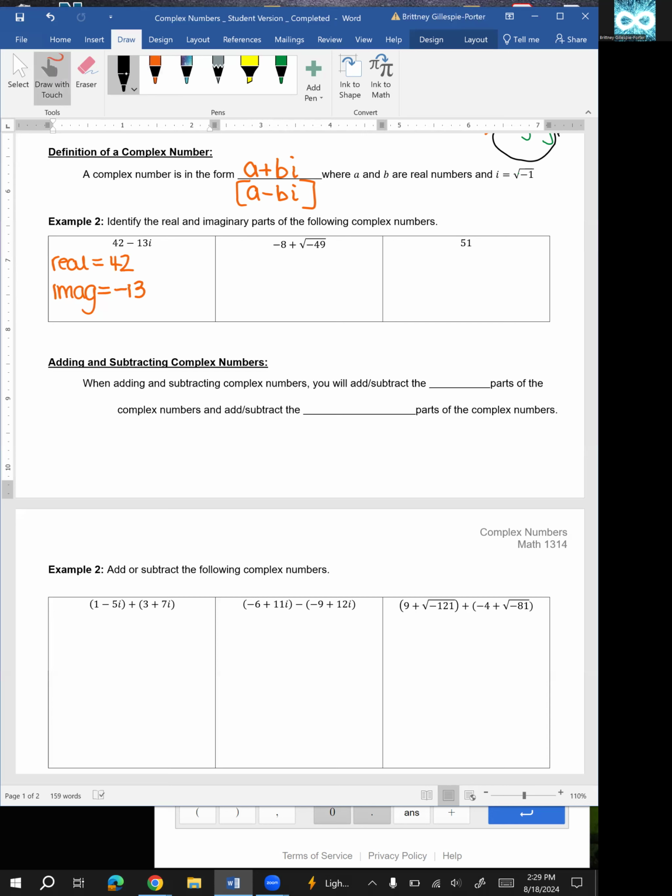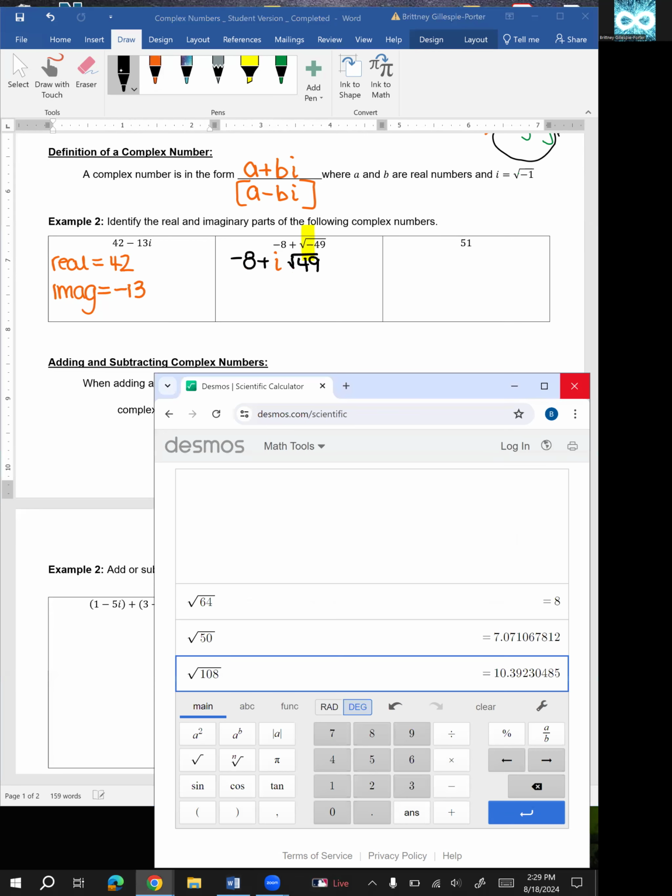If we look at our second one, we have -8 plus the square root of -49. Notice that we have a negative under that square root, which means we need to take out an i. So this becomes -8 plus i square root of 49. And if you remember what the square root of 49 is, fantastic. Otherwise, use your calculator.